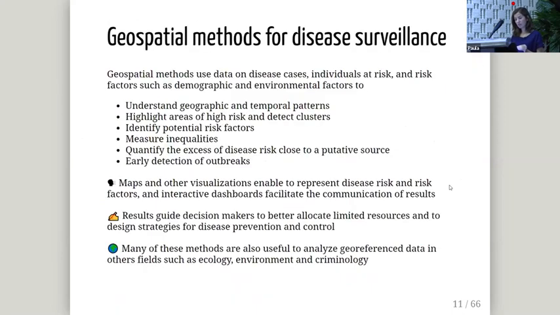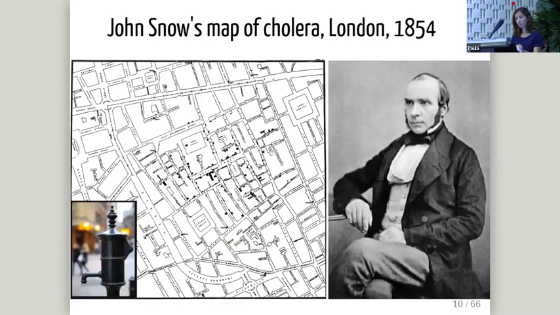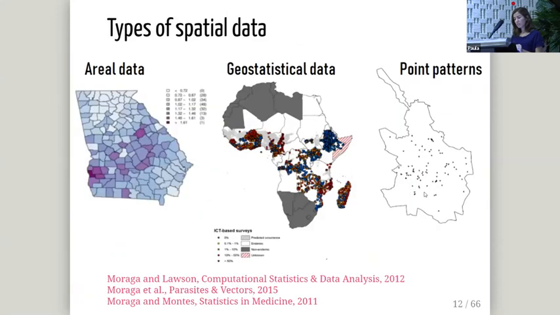So this is the same as here, where the dots are the locations of people that died from cholera. And the objective here is to understand what is the process that originates this data. Is this data clustered? Is it at random? Are these points close to a contamination source?